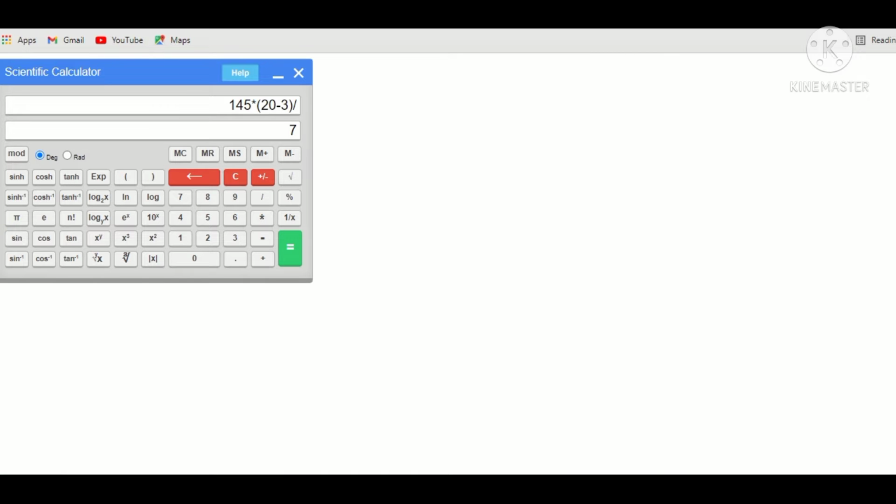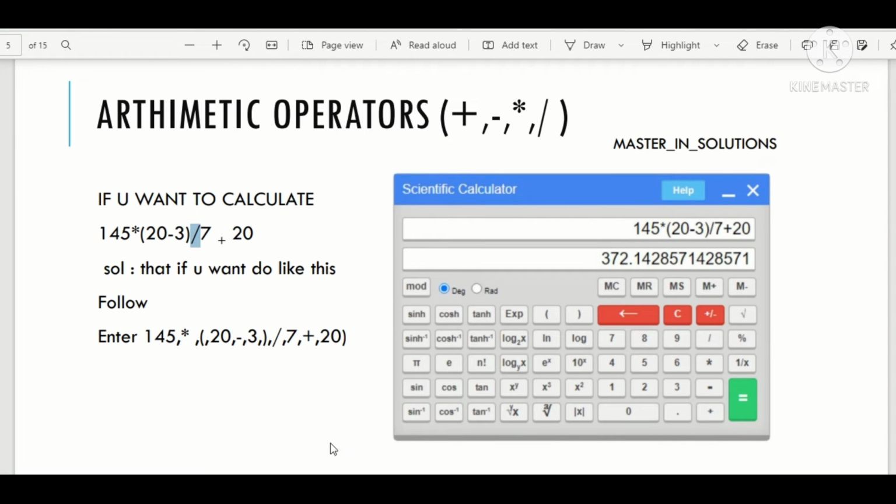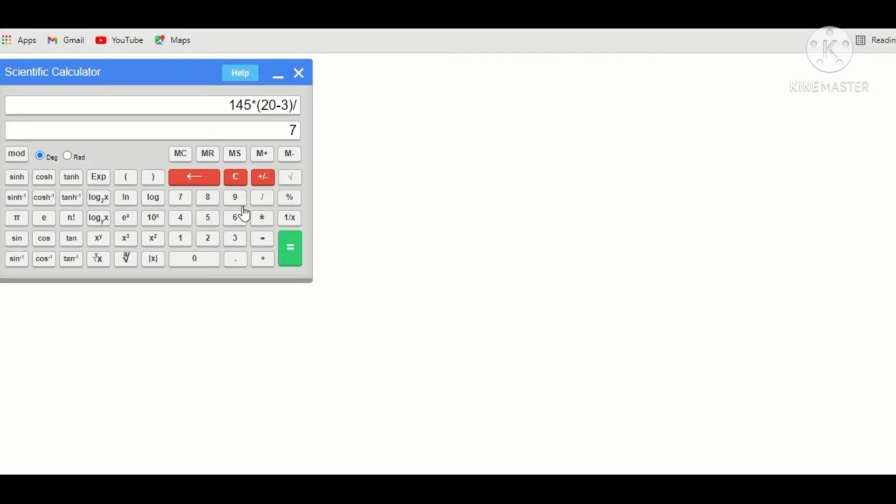Next we have a plus 20, so that plus 145 multiplied with 20 minus 3, bracket close, and divided by 7.